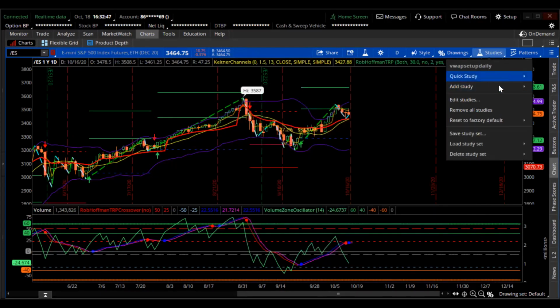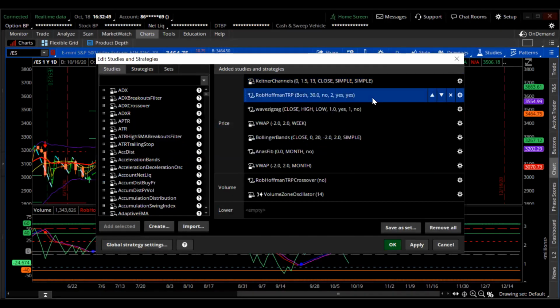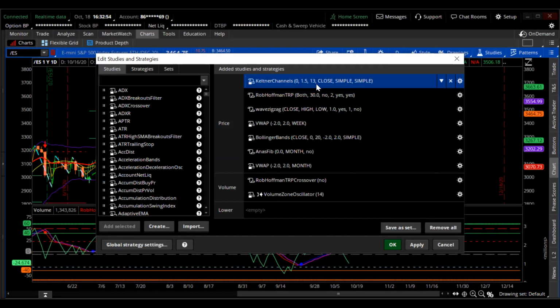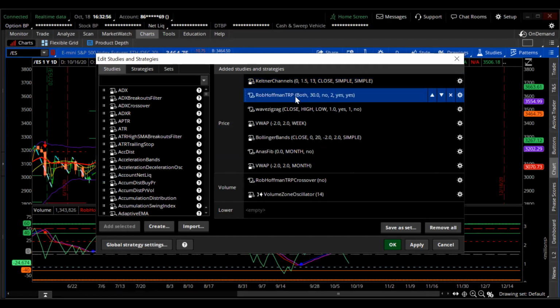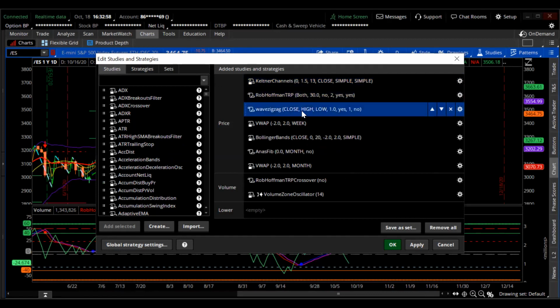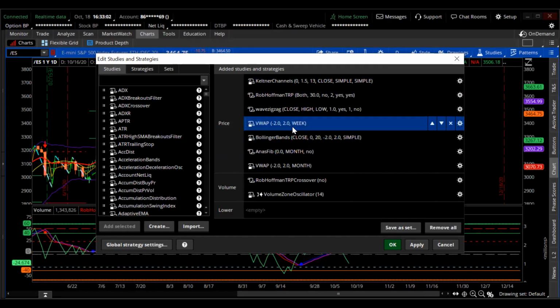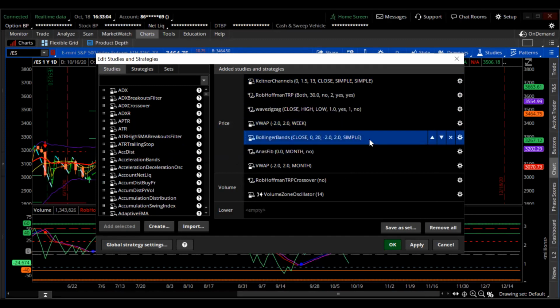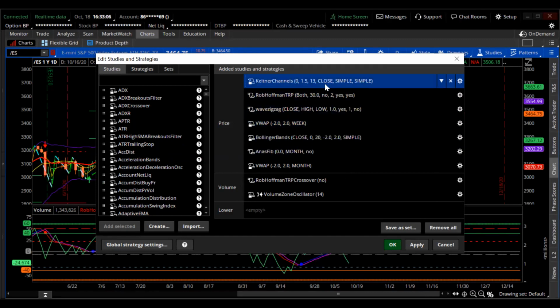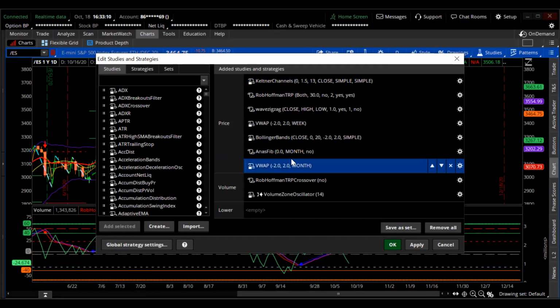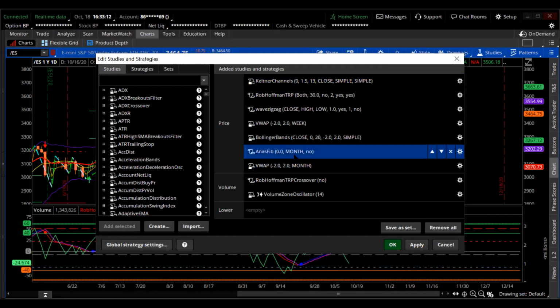So the studies that I have: Keltner channel 50, 13, 1.5 deviation, Rob Hoffman wave zigzag. Those are the W pattern right there, M pattern, the VWAP on the weeklies, the bands. The Keltner, I only use the middle. I don't use the upper and lower. And then I have the Fibonacci pivots.